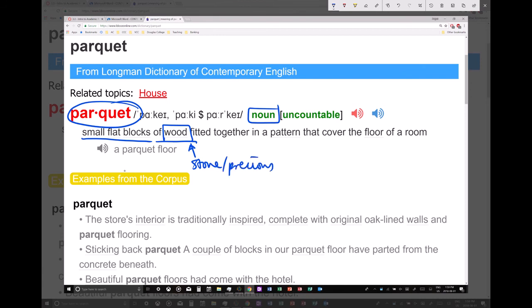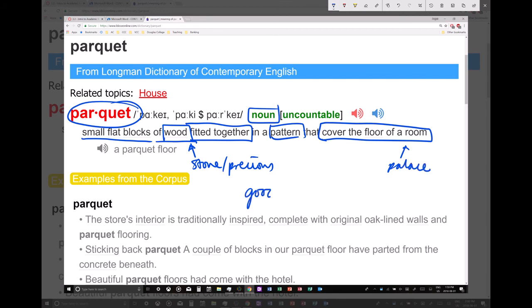But we see there is a pattern that's fitted together to cover a floor or room, or in this case, a palace. Of course, you can Google this if you want. That works too. Again, you'll be looking at general knowledge if you're looking into your research. Just want to know what it is, right? To find the meaning. So we guessed it, and now we know it.